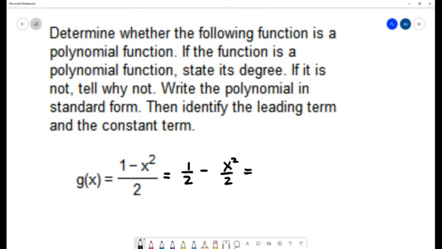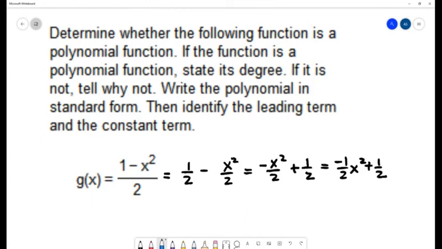And this can be written in descending order. So it would be negative x squared over 2 plus 1/2. And I think I'd also like to write this as negative 1/2 x squared plus 1/2. So that way we have a coefficient.